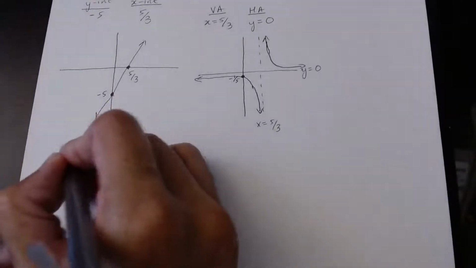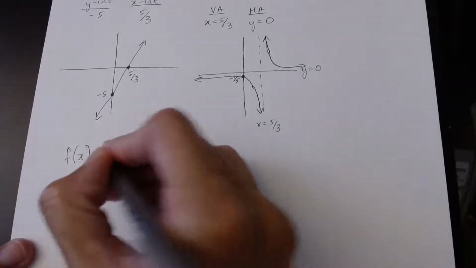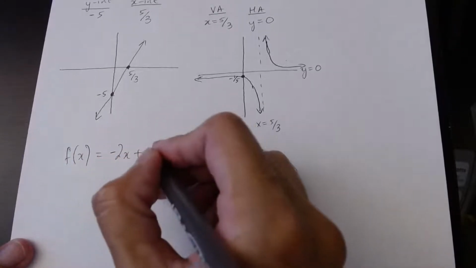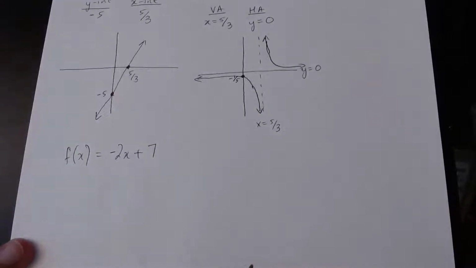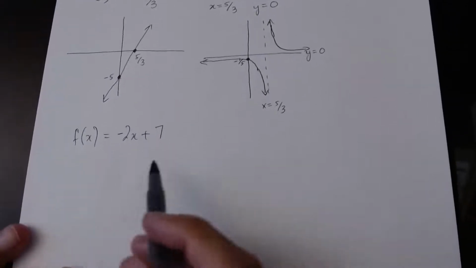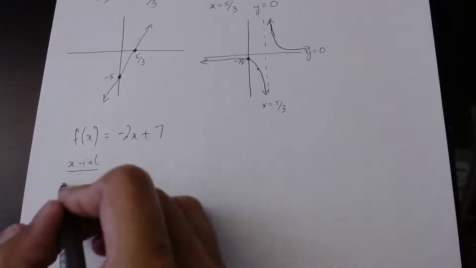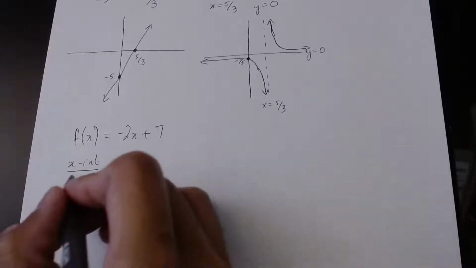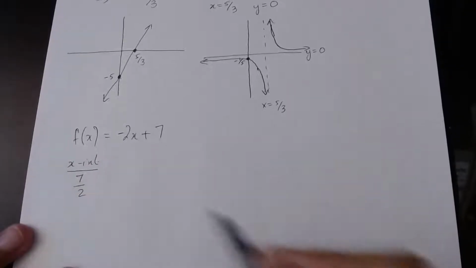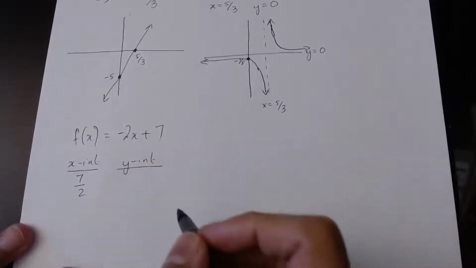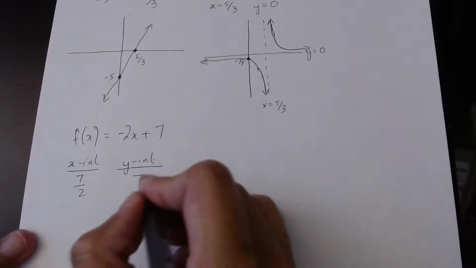Let's do one more linear function really quick. I'll do this one a little quicker. Let's say f equals -2x plus 7. So I should be able to do this really quick. The x-intercept is just -7 over -2, which is +7/2. My y-intercept is +7.